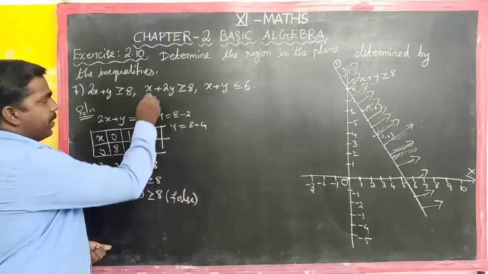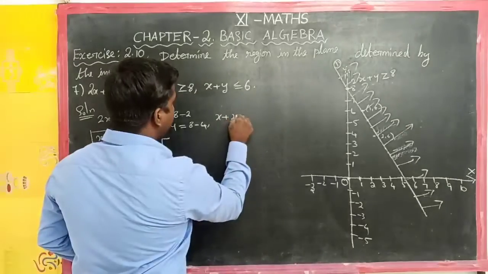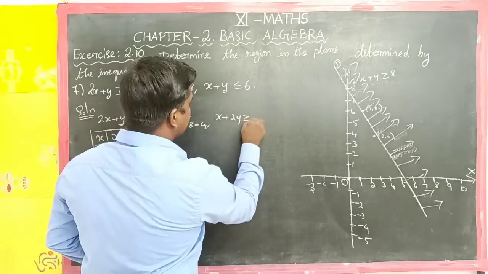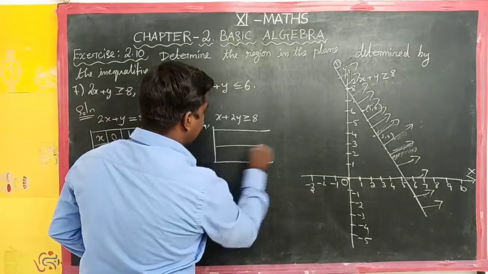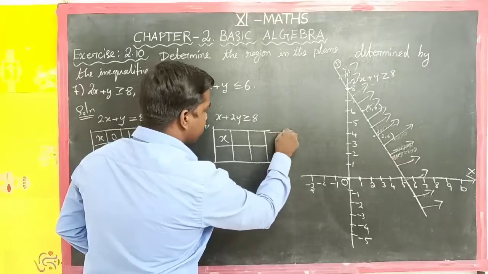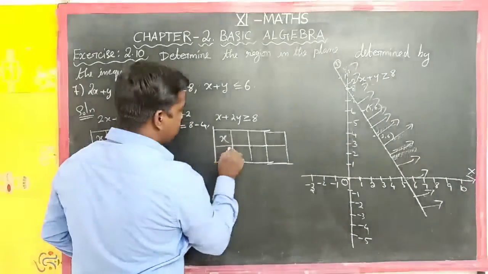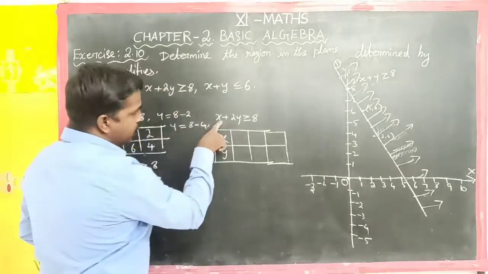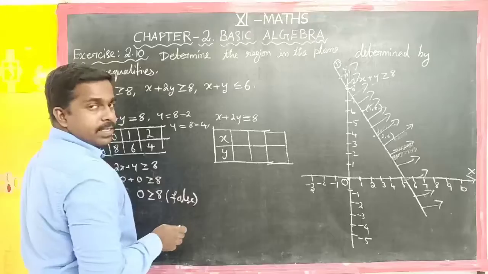So next let me check second line. This is x plus 2y which is greater than or equal to 8. I am going to draw the straight line, so I am going to find the points. If I give x is equal to some value, what value can I give? 0. If you put 0, first let me consider this inequality as equation.